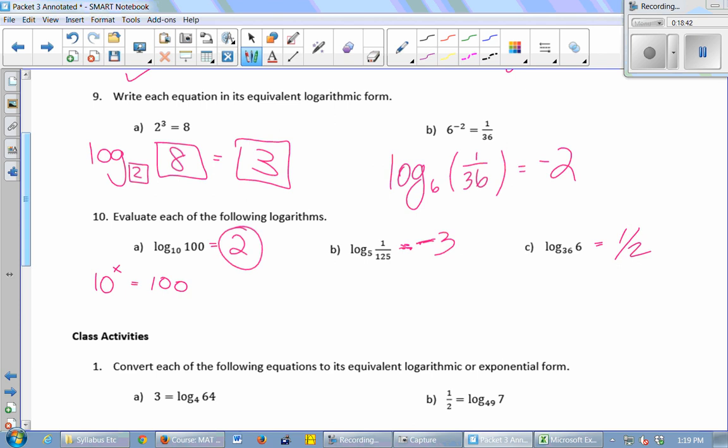And if it ever trips you up, just say, okay, the thing I don't know is the right-hand side of the equation. Just make it an x, and you can translate it to an exponential expression. This says 36 is my base, x is my exponent, equals 6. What power do you raise 36 to make 6? 1/2, because the square root of 36 is 6.